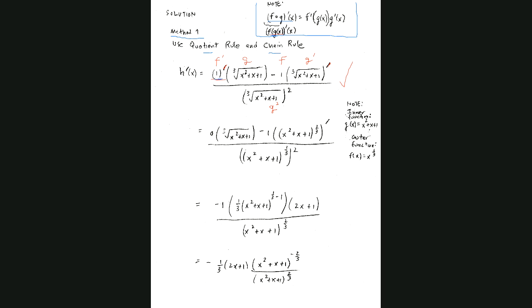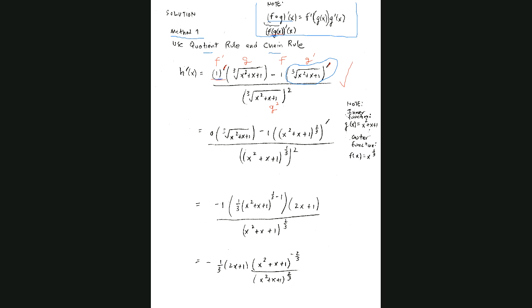And for the g prime, for finding the derivative of the cube root of x squared plus x plus 1, what rule are we going to have to use? Besides the power rule, which I know is going to get involved, what other rule are we definitely going to have to use? I look at the cube root of x squared plus x plus 1, and I think of it as a blank of two functions.